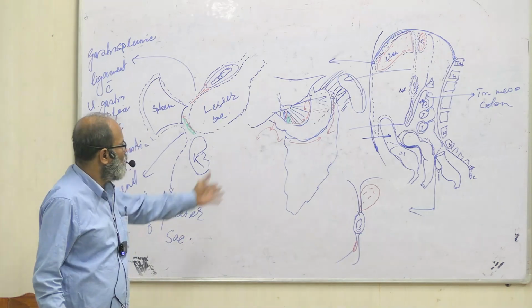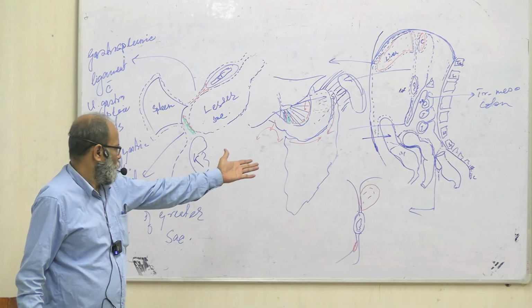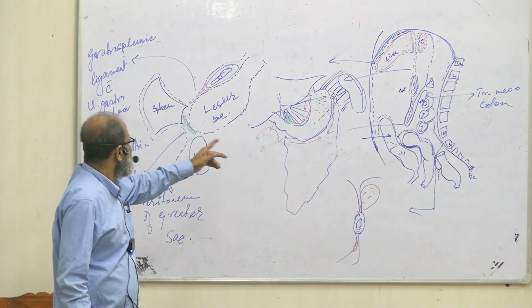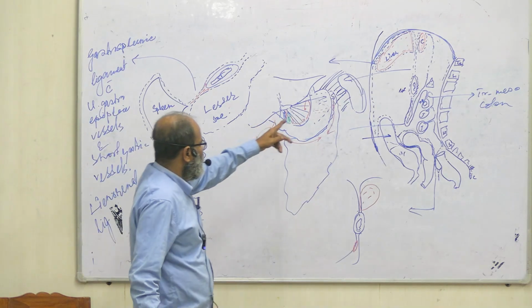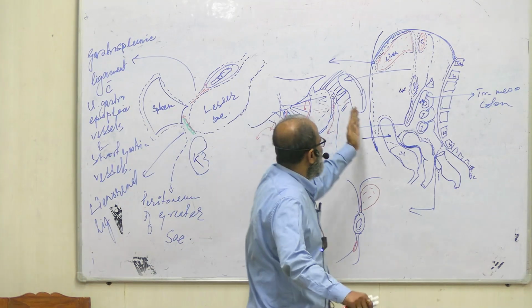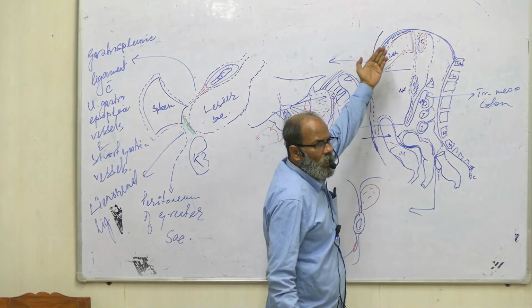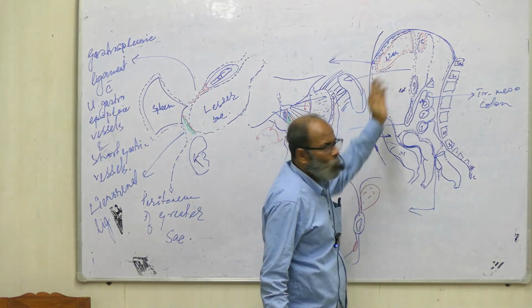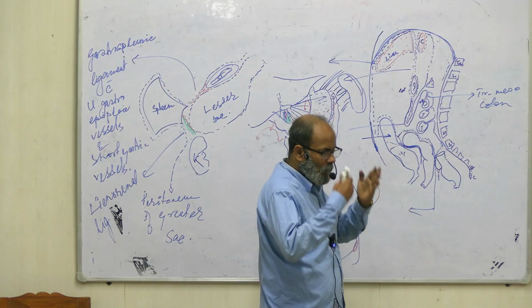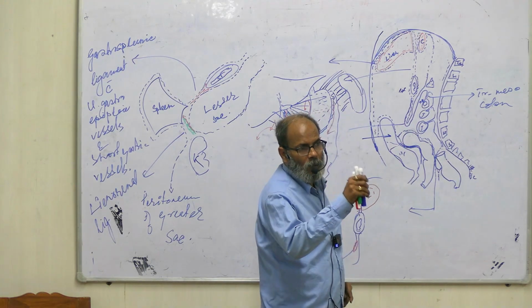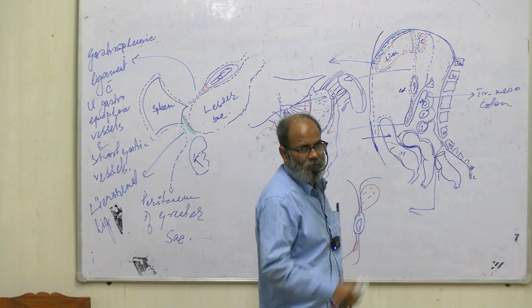And I have told about the rectovesical pouch, rectovaginal pouch, pouch of Douglas, and this layer is appearing to enter behind the liver. This is entering behind the liver, isn't it? So this is in between the liver and the kidney. This is called the hepatorenal pouch of Morison.